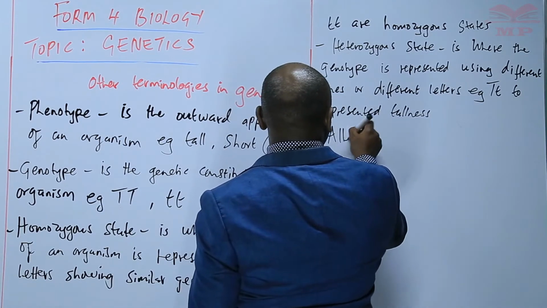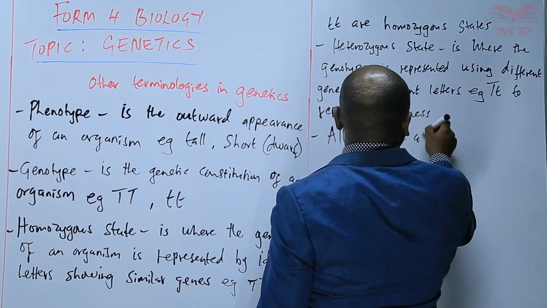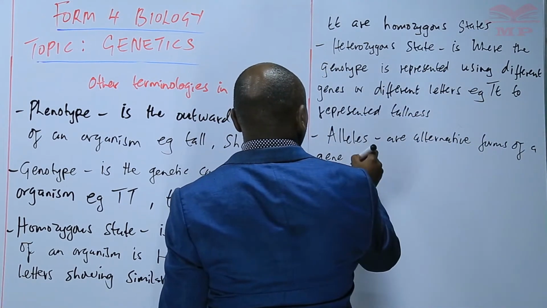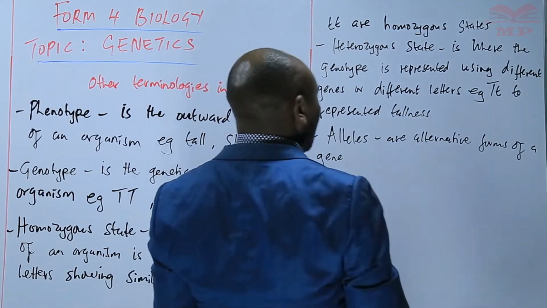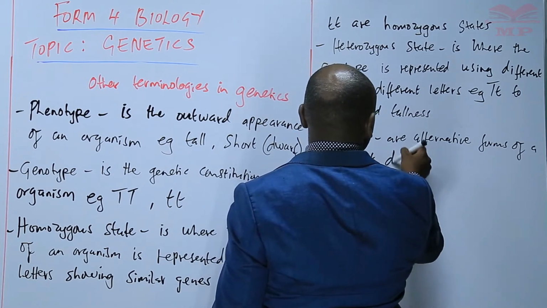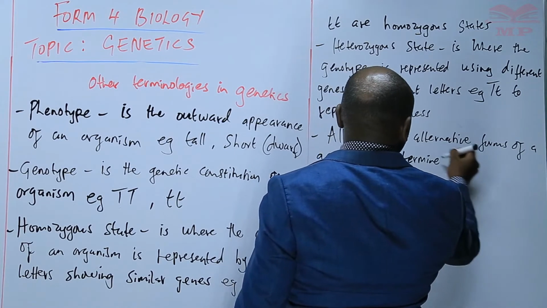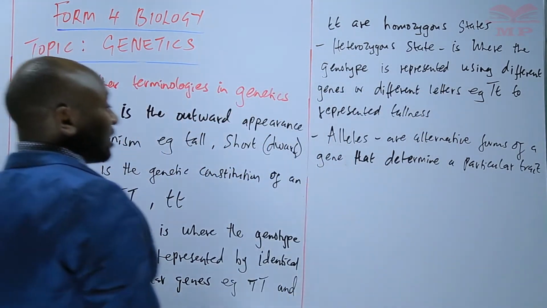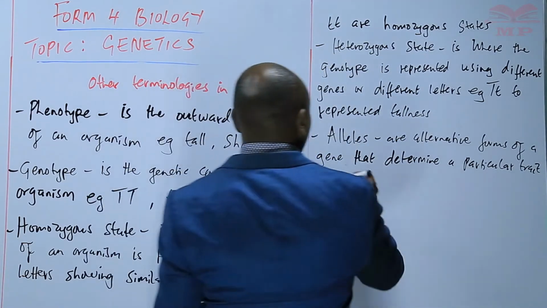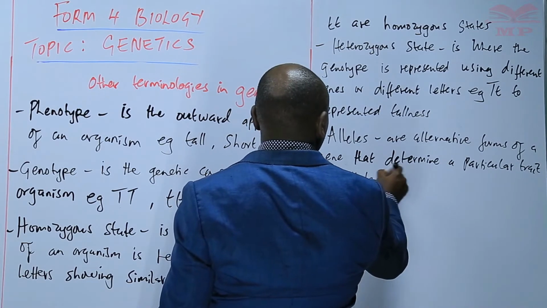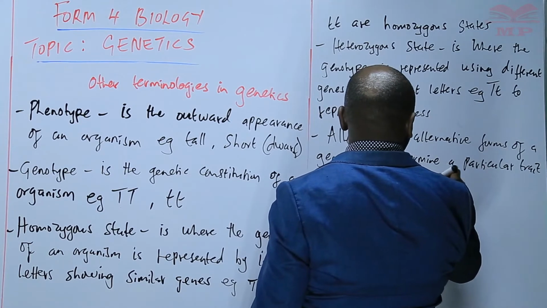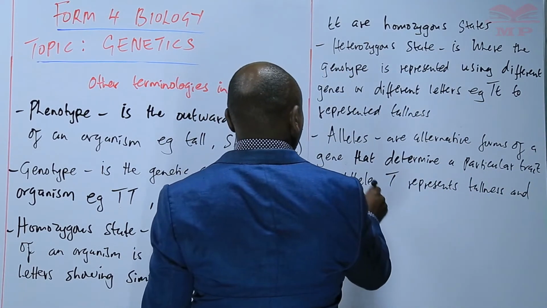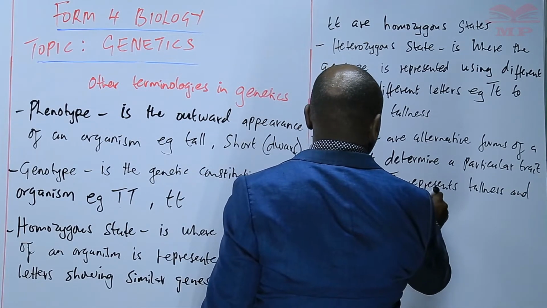Then we have what we call alleles. Alleles are alternative forms of a gene that determine a particular trait, e.g. allele T represents tallness and allele small t represents shortness.